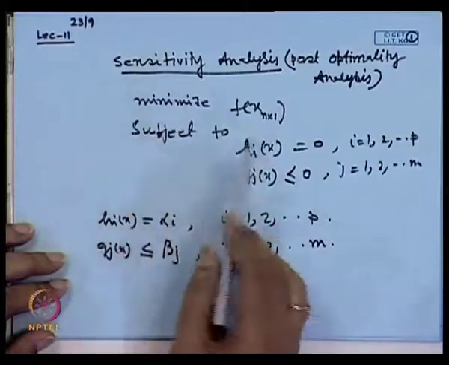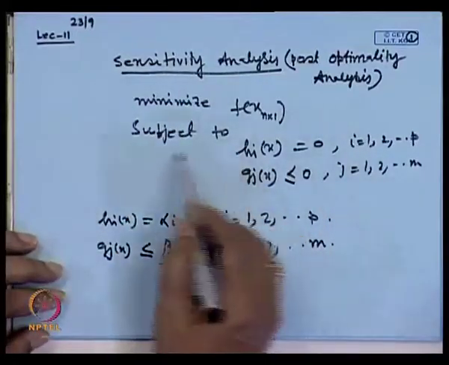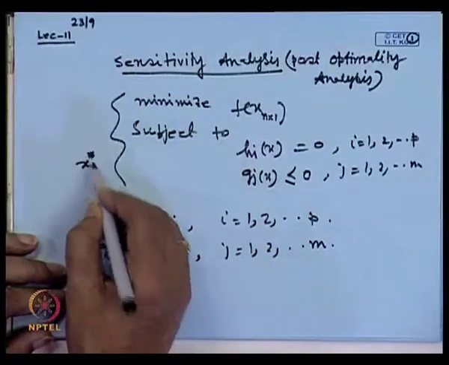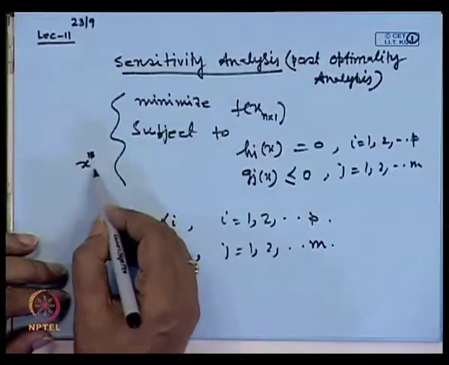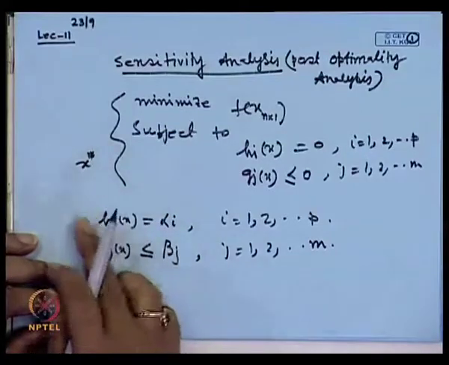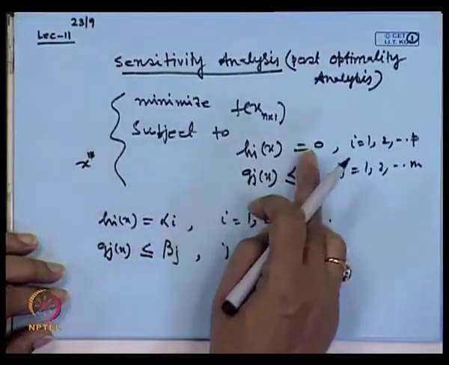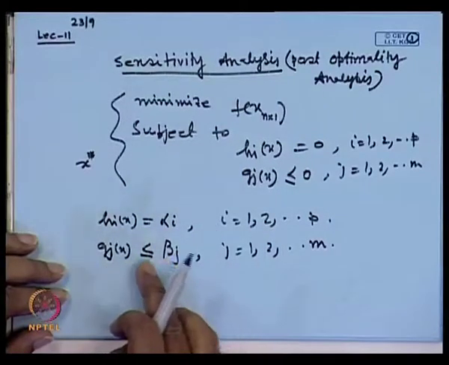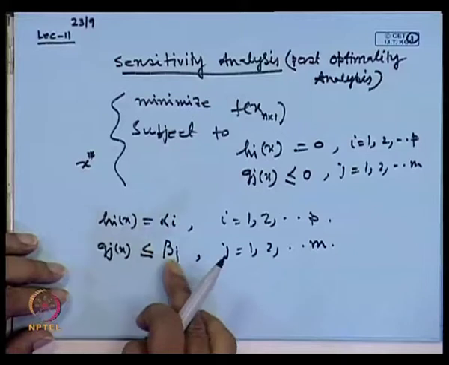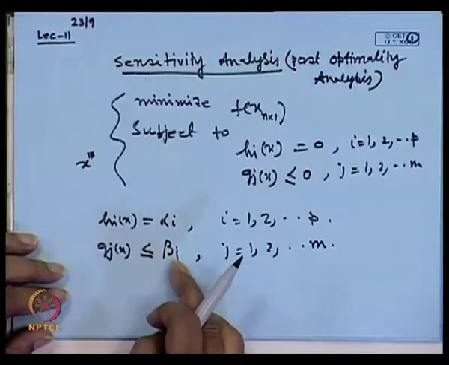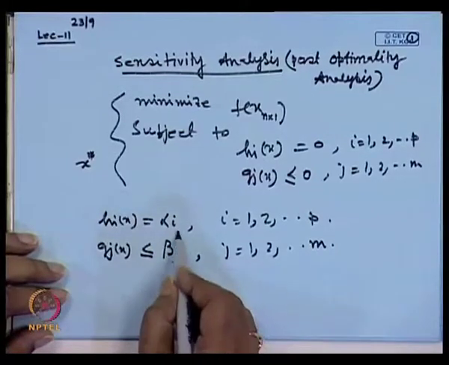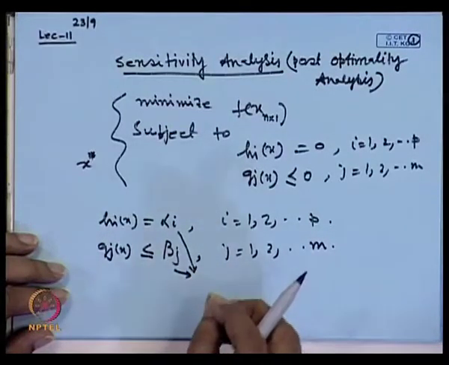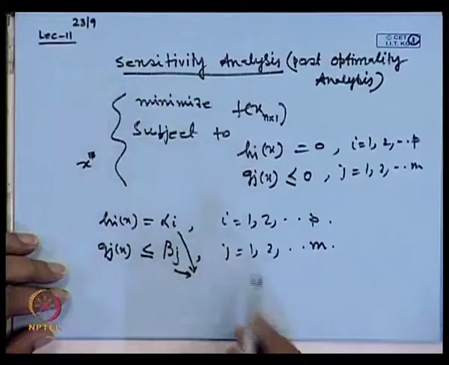Naturally, this solution will change. Previously, we obtained the optimum value of this problem at the point x equal to x star. Now, in place of 0 for the equality constraints, we have alpha i, and in place of g j less than or equal to 0, we have beta j, where alpha i and beta j are very small positive quantities.